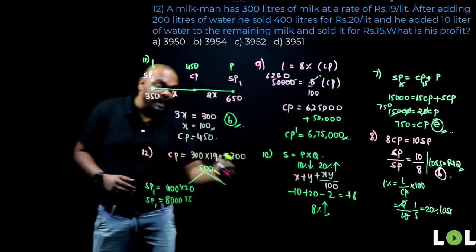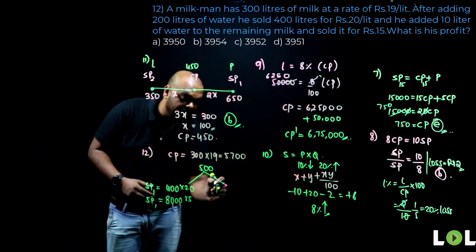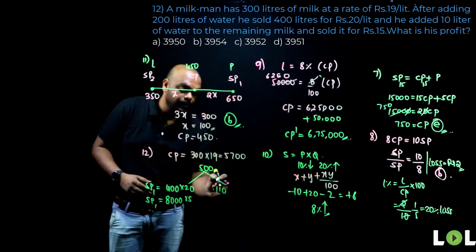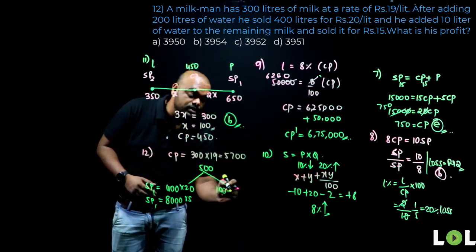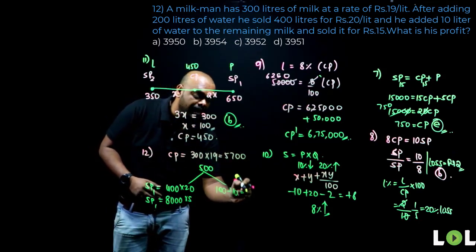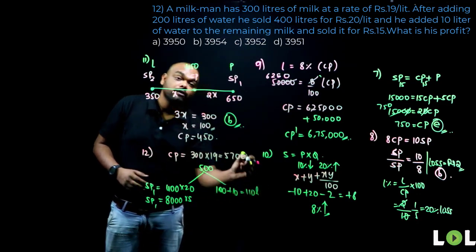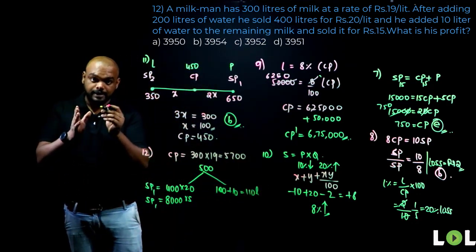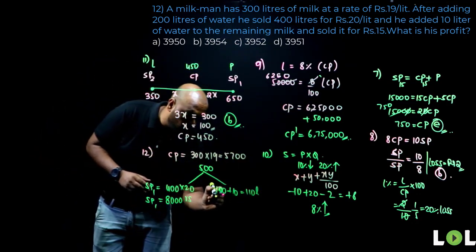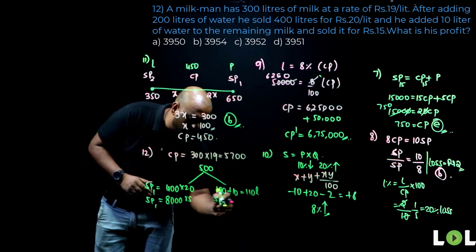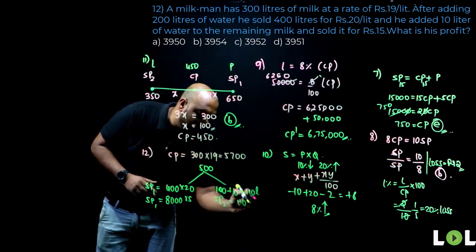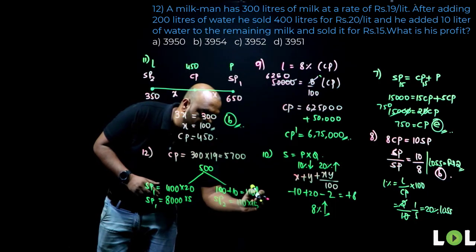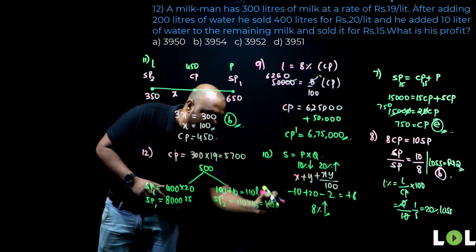Now the remaining, how many? 100 liters. To this he added another 10 liters of water. So this becomes 110 liters. Now he sold this at 15 rupees. So SP2 is equal to 110 into 15, that will be 1650 rupees.